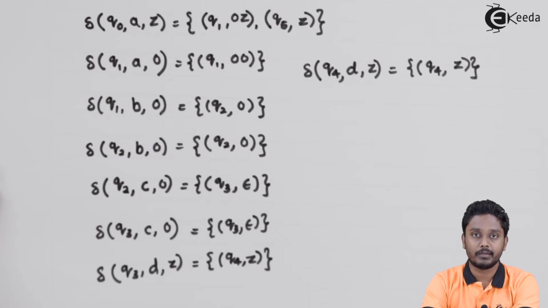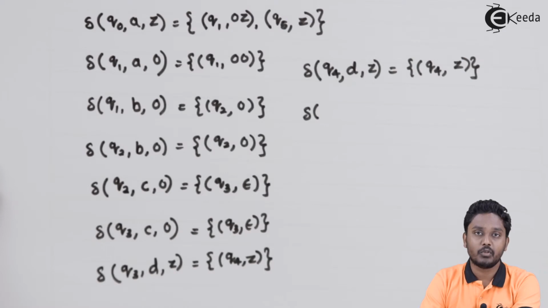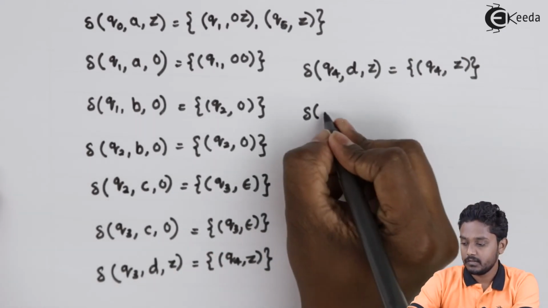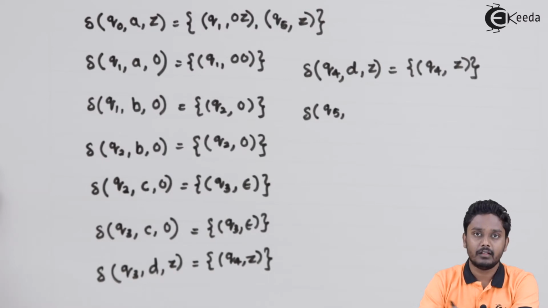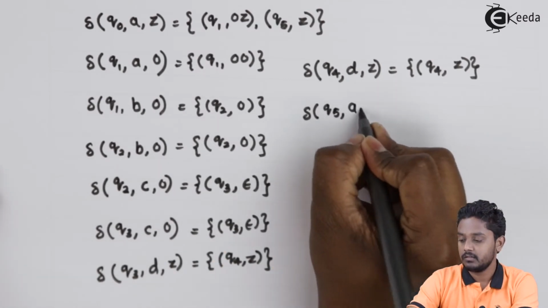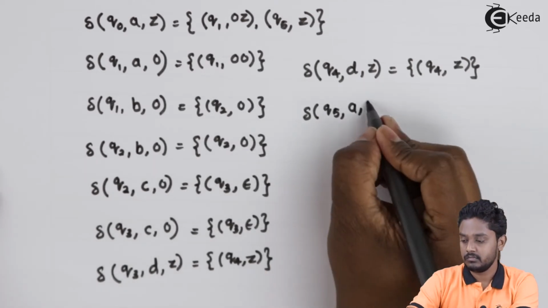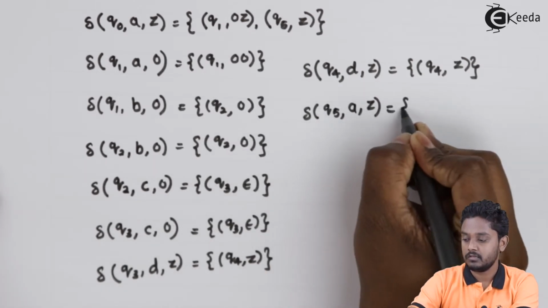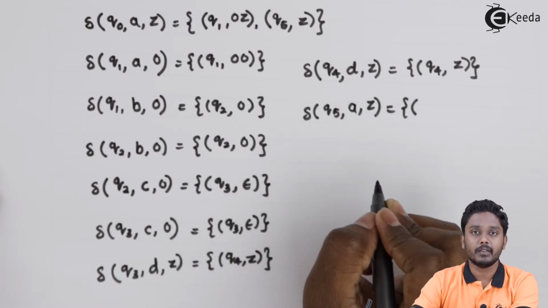Now let's do the next one. Delta of Q5 on symbol A with Z as the top of the stack will stay back to Q5 only by keeping the top of the stack as it is.